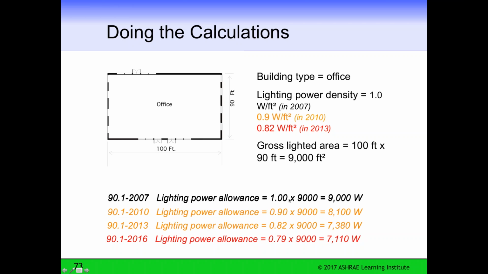The lighting power total allowance in 2007 was 9,000 watts for this one-story office. In 2010, it dropped to 8,100 watts, 2013 to 7,380, and in 2016, dropped to 7,110 watts. So you're seeing the reduced limit of installed capacity.